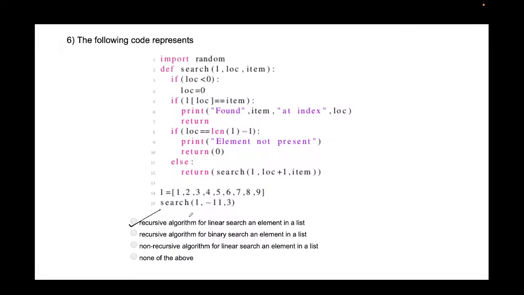Linear search is searching in a linear fashion, starting from element 1 all the way till here. If we compute the time cost for binary search and linear search, binary search is much more efficient. Anyway, what this code does is linear search.